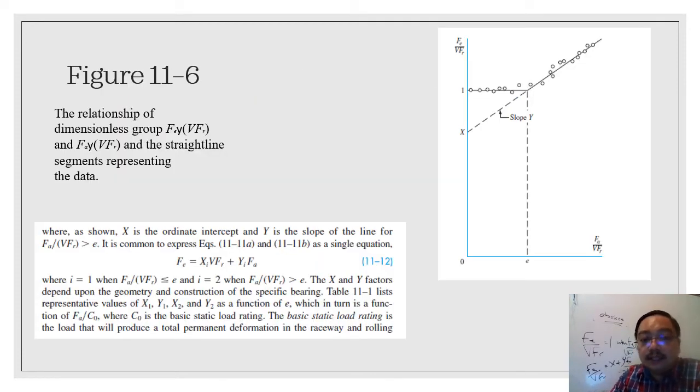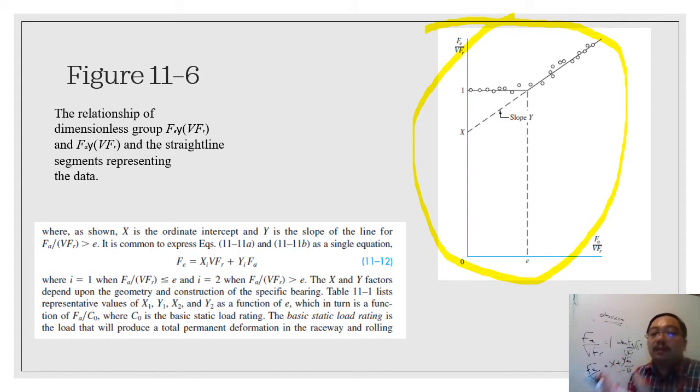In Figure 11.6, you see the value showing what e means. There is a logarithmic graph plotting this. This is the e, and this is the slope, X and Y. This is Fe equals V Fr.